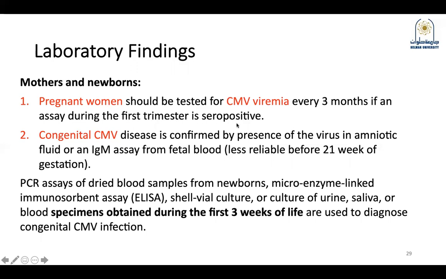If the lady is pregnant, because this is one of the congenital TORCH infections, as we mentioned, congenital infections occur during pregnancy, so the gynecologist should be oriented with these types of infection to be screened during pregnancy.